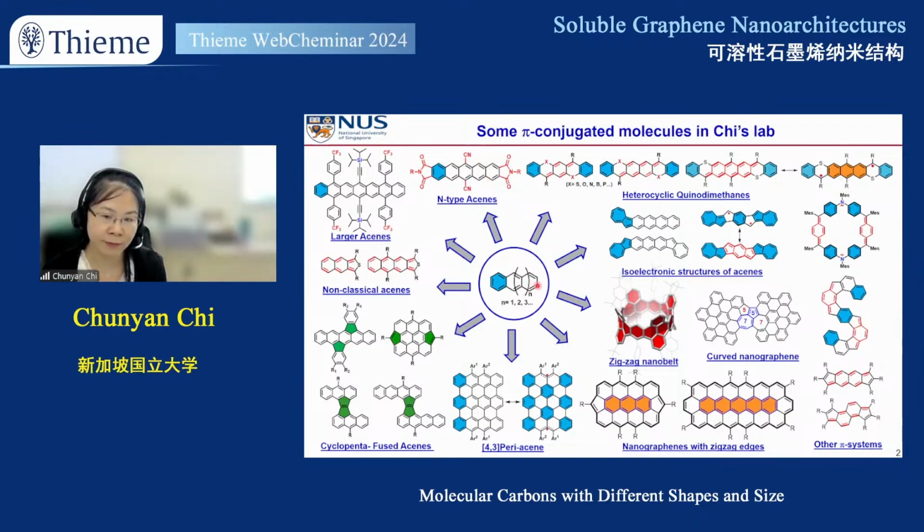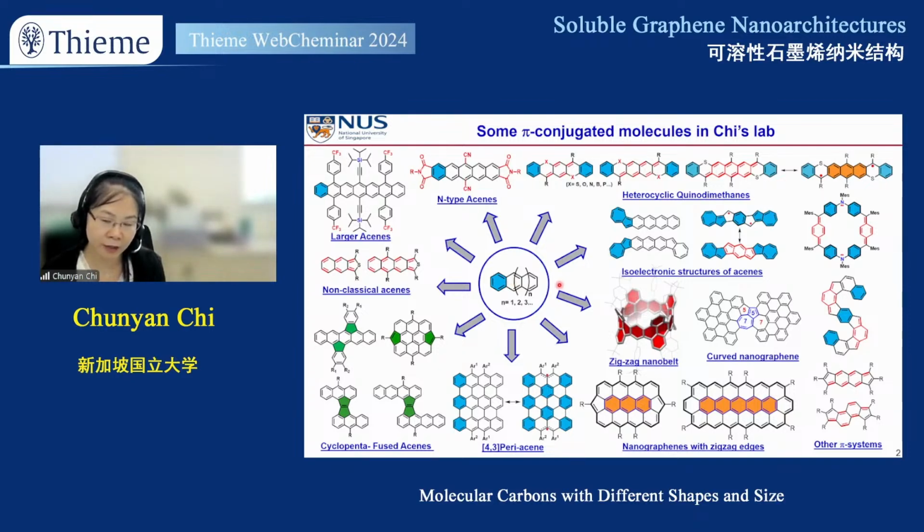We also developed acene chemistry, such as this molecule. Okay, it's longer than pentacene. If we replace a benzene ring by a sulfur ring, we can get non-classical acenes. In these structures, all rings have a dimension, so they are actually highly reactive, since larger acenes are not stable, as Professor Bunz mentioned.